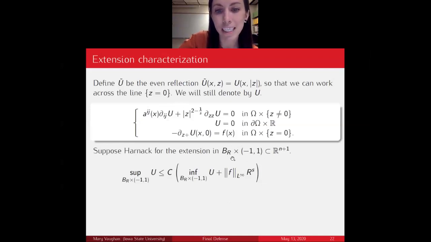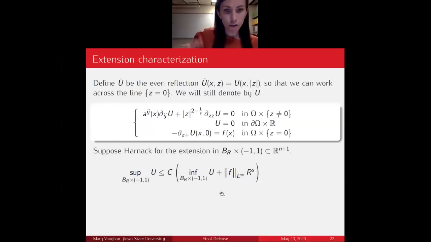B_R is in x, and (-1, 1) is an interval in the variable z. Harnack inequality says that the supremum in that set is controlled by a universal constant times the infimum of U, plus the L infinity norm of the right-hand side, which in this case is still f.